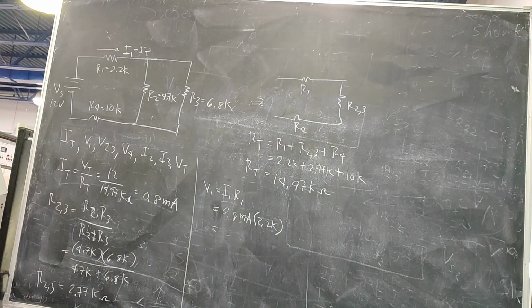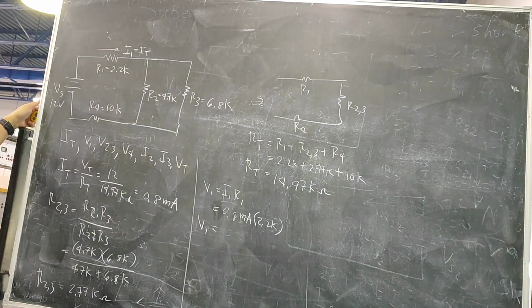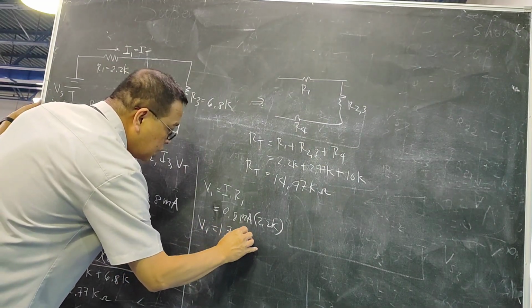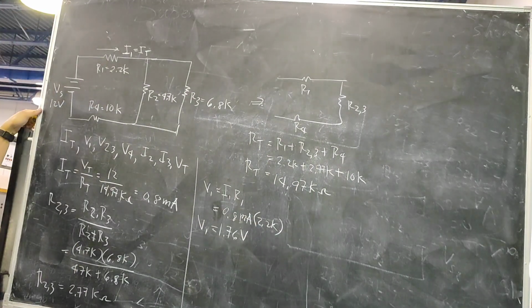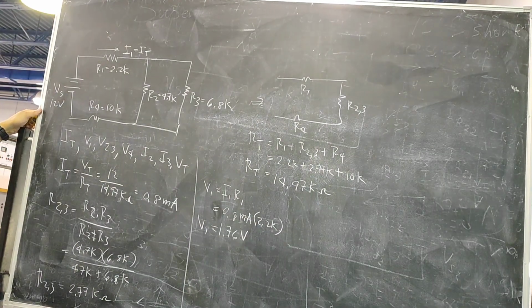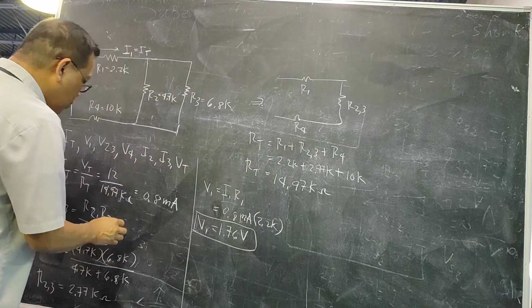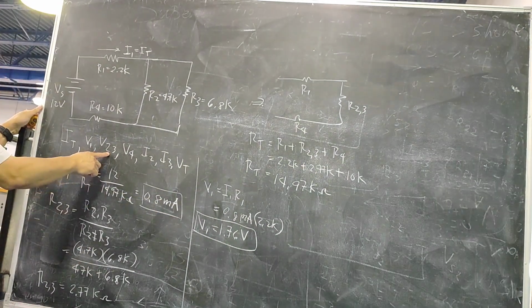So V1 here is 1.76 volts, not millivolts or kilovolts, but in volts because milli and kilo cancel out. So next, we have now V1 and the I total. Next, V23. Why V23?